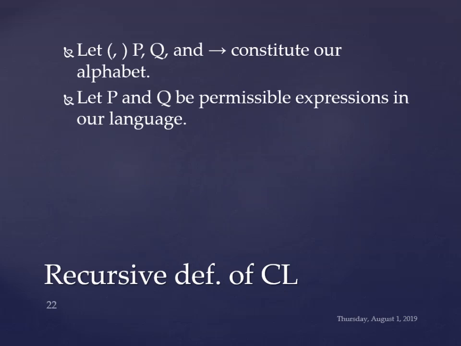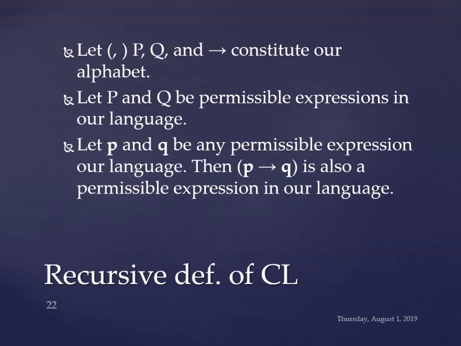Not the only ones, because we can take little p and little q. This gets a little confusing, but I'll explain it to you. Little p and little q are like variables. They stand in for any permissible expression of our language. If you remember back to the mathematical example about even, I was using x and y to stand in for any positive integer, right?